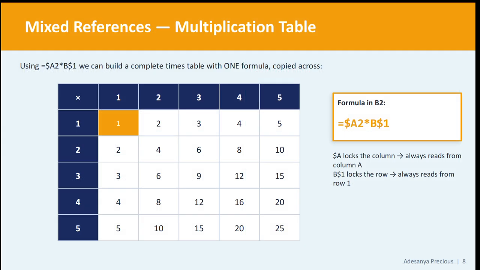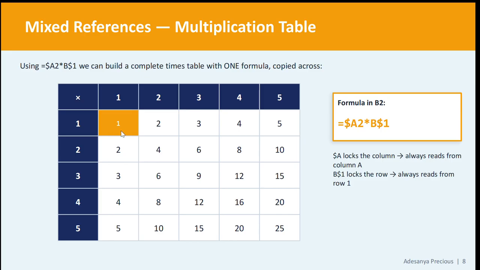Now, let us try this example: filling up our multiplication table using mixed referencing. You can see what was done here now. We are locking column A. The formula is here.